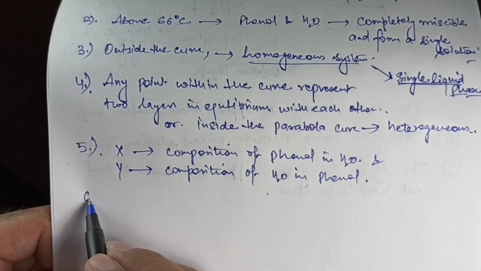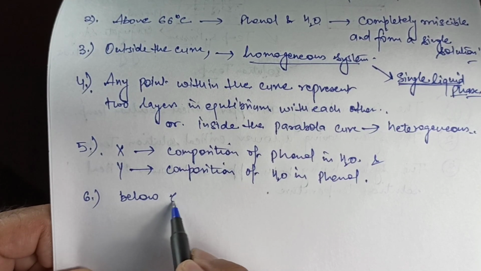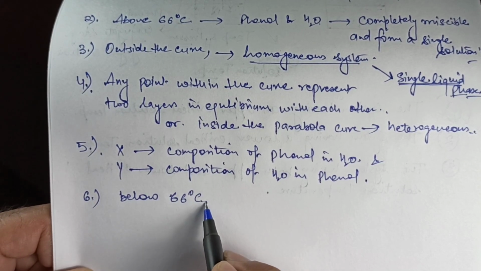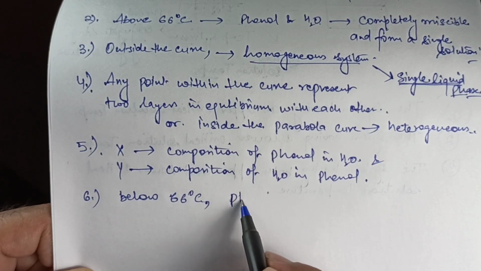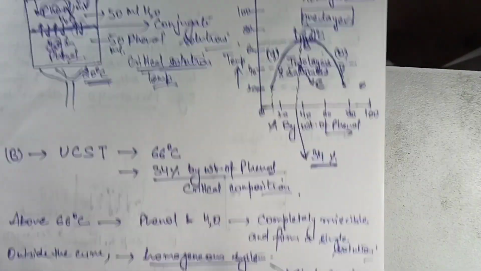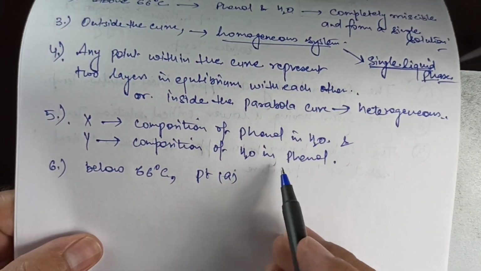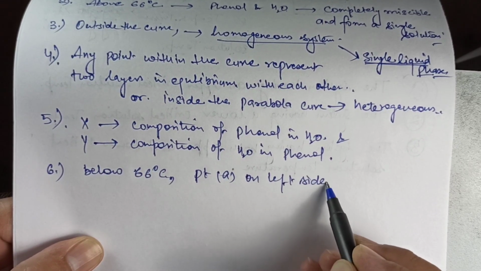For any temperature below 66 degrees Celsius, the point A, which is here, on the left side, what does it represent?